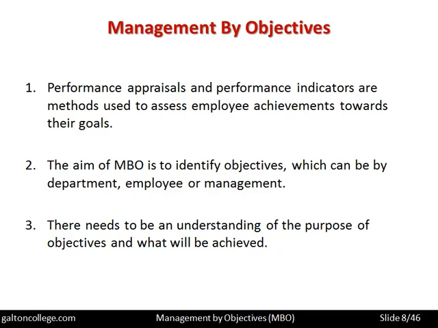The departmental manager, who looks after perhaps several line managers, must understand why he or she must achieve his or her objectives as well, and so on, all the way up through the organization. And if every part of the organization is achieving their objectives, then of course the organization as a total should achieve its objectives.